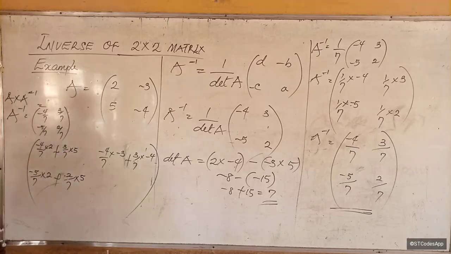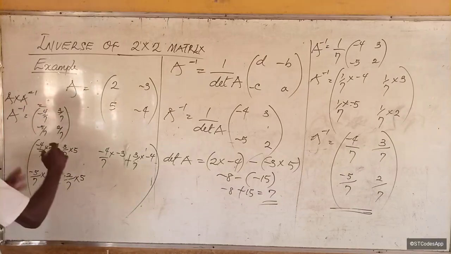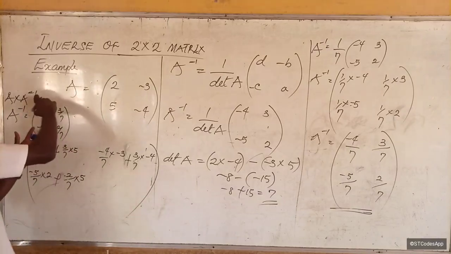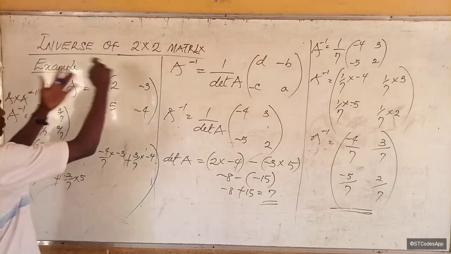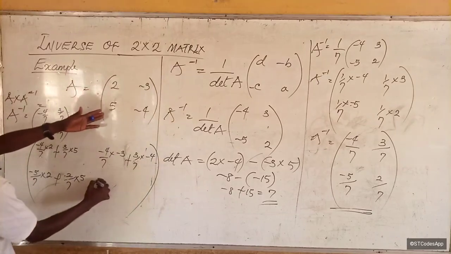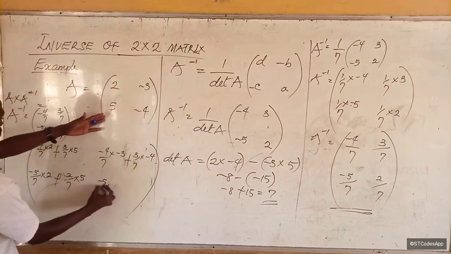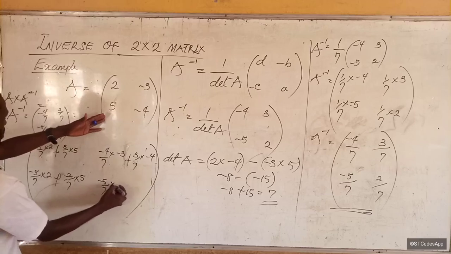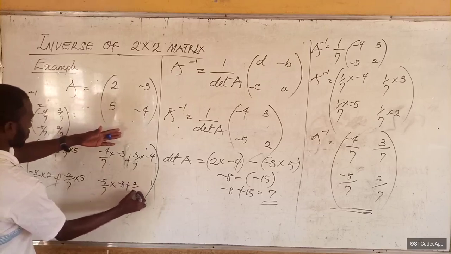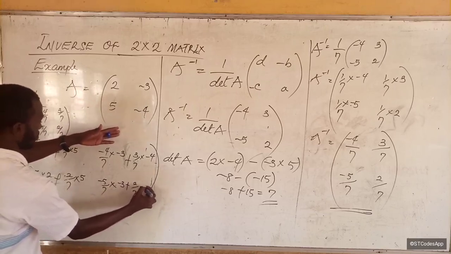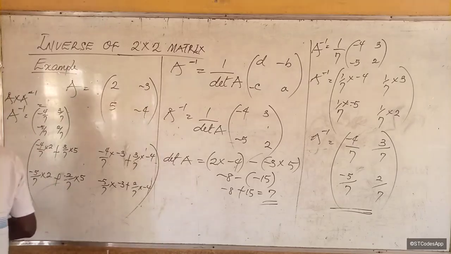Then the next case, minus 5 over 7 multiplying this also, so we have minus 5 over 7 multiplying minus 3, plus 2 over 7 multiplying minus 4.